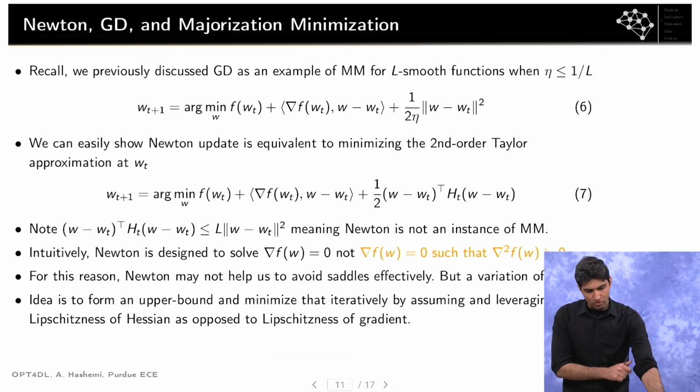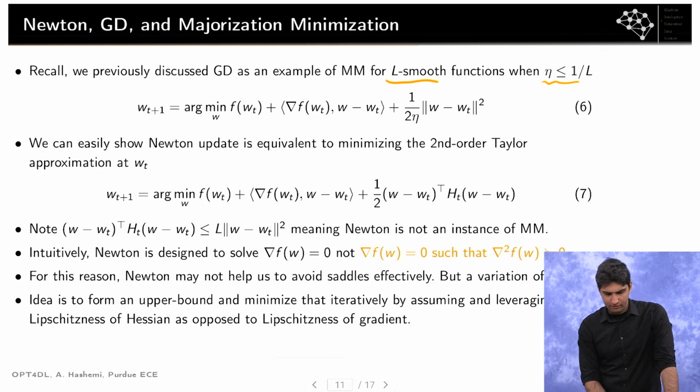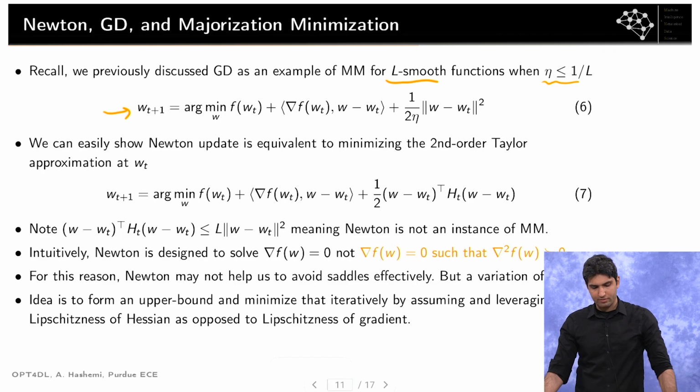What we said back then was that gradient descent is actually an example of majorization minimization for functions that are L-smooth, meaning that the gradient is L-Lipschitz, as long as the learning rate that you use in a specific iteration is less than or equal to 1 over L. Okay. In particular, we showed that the update of gradient descent is equivalent to this optimization problem, equation 6. Okay.